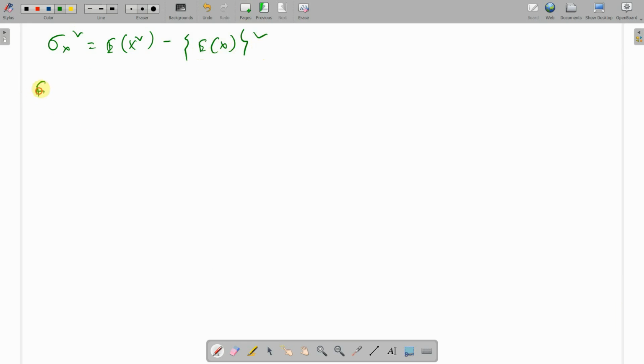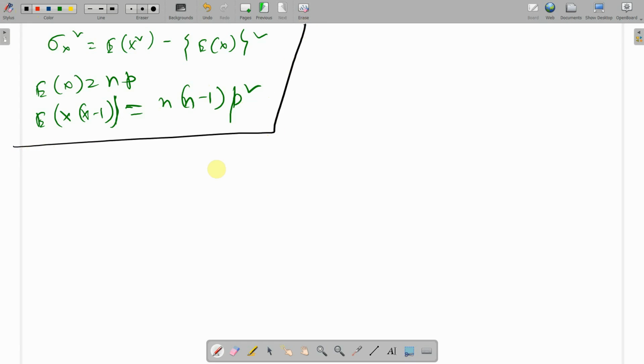Okay, but अभी तक मुझे मालूम है E of X equals to np, और एक कैलकुलेट किया था E of X into X minus 1, that's coming around n into n minus 1 p square. ये चीज़ें अभी तक मुझे मालूम है. Now ये E of X का तो वैल्यू मुझे मालूम है, तो ये टर्म को लेके मेरा कोई टेंशन नहीं है, मुझे इसको निकालना है.